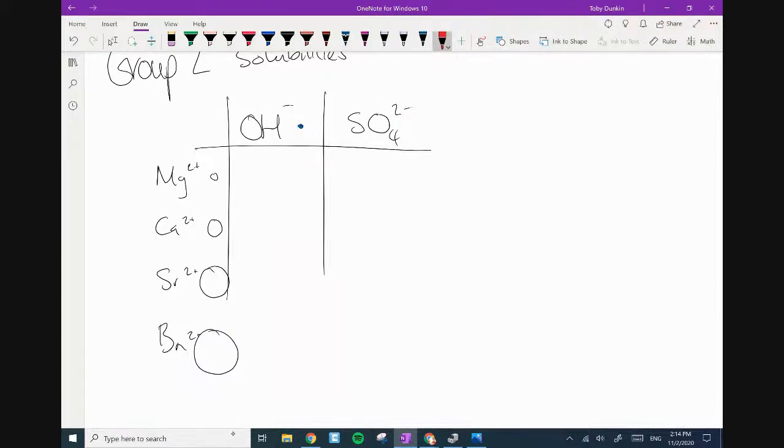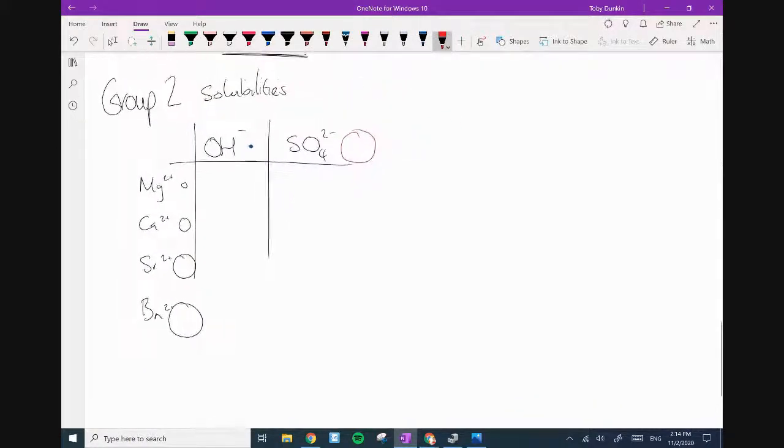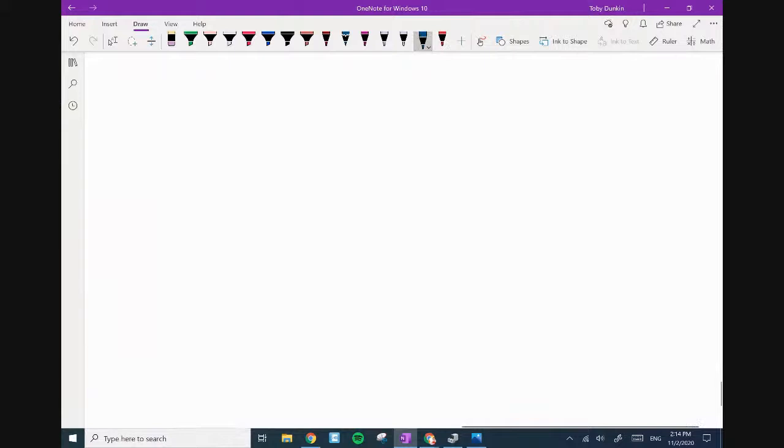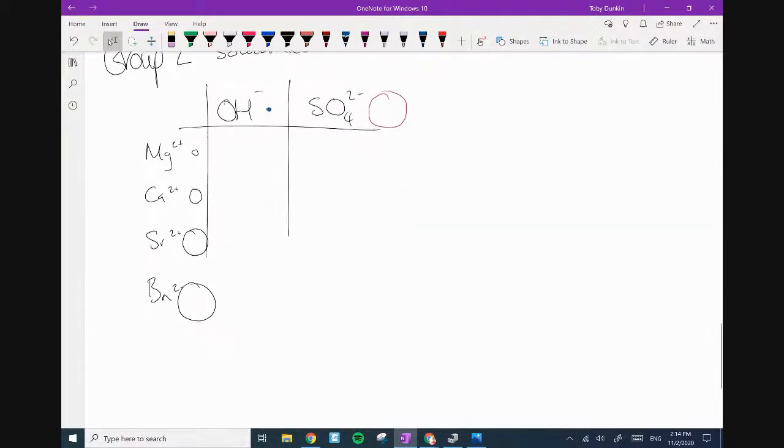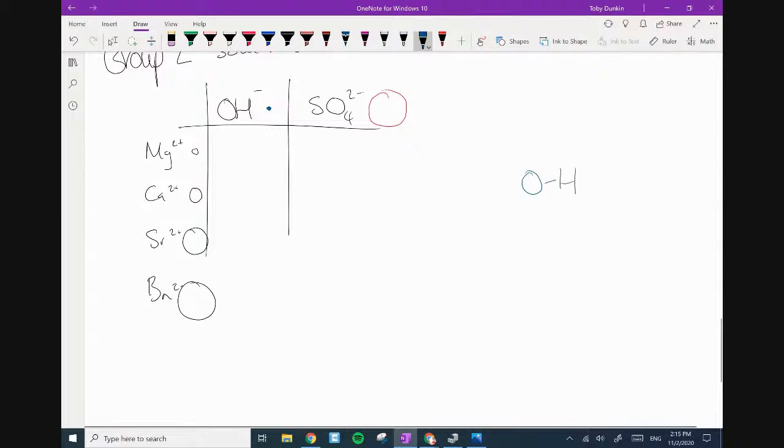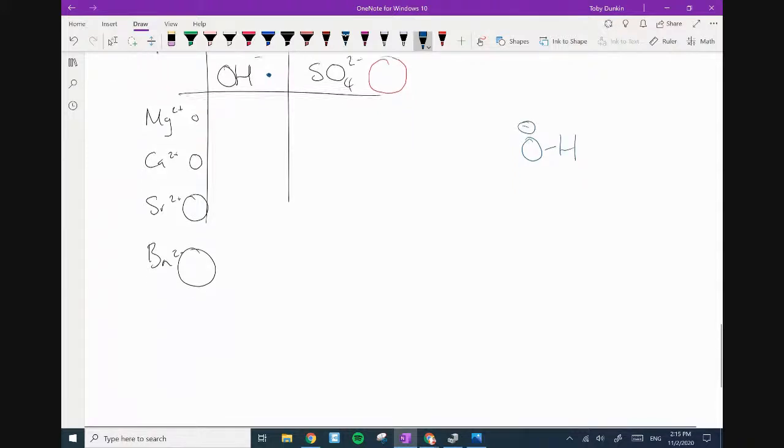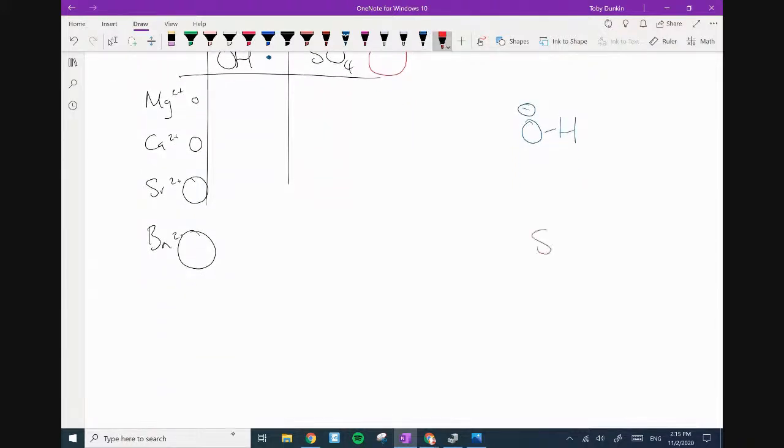The sulfate ion is large. Sulfate ion is massive. Sulfate ion is huge. If you want to understand why that is, that's very easy to do. Just to explain why, the OH minus ion is simply that, but the sulfate ion is this.